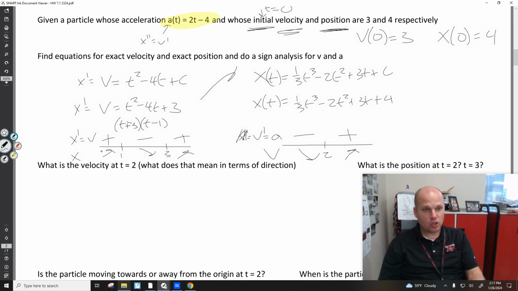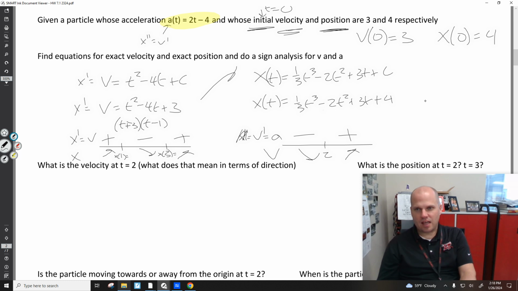Eventually, we are going to look at our specific positions at these times. We could do that right now, where it's like, what is x of 1? Well, if I plugged in 1 into x, I'd get a value. This is where I get located. When I plug in 3, I'm going to get a value. This is where my location is.